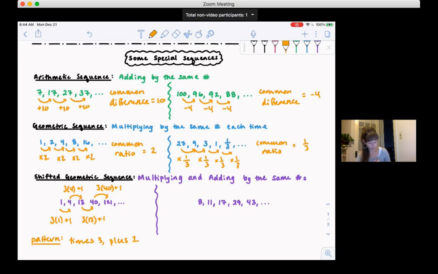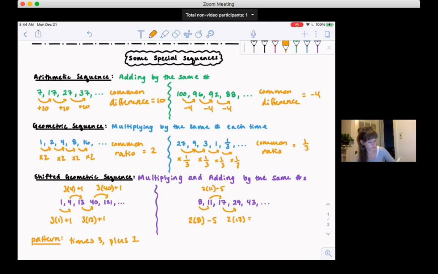So to get from 8 to 11, it's a little hard to figure out sometimes, but we could do 2 times 8. That gives us 16, and then subtract 5. Okay, let's see if that works. So 2 times 11 would be 22, and then subtract 5 would give us 17. 2 times 17 would be 34.